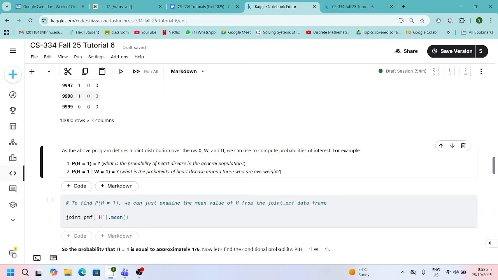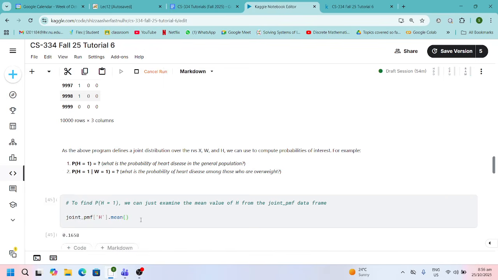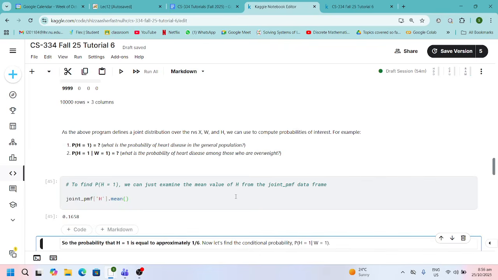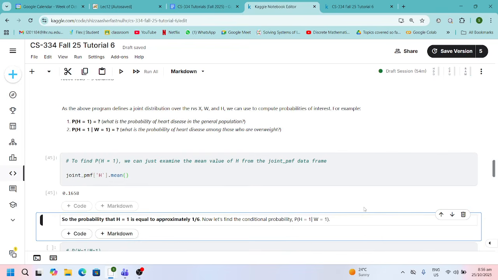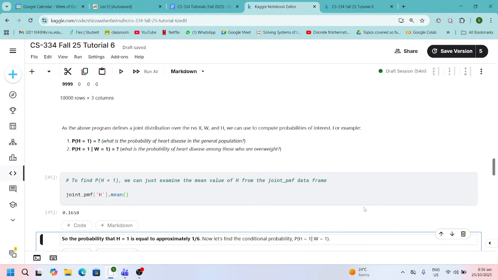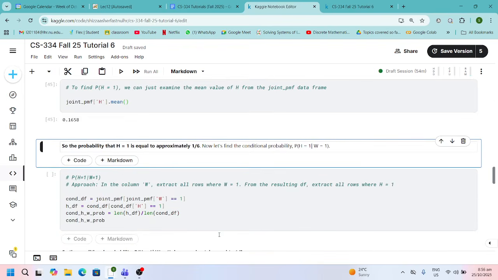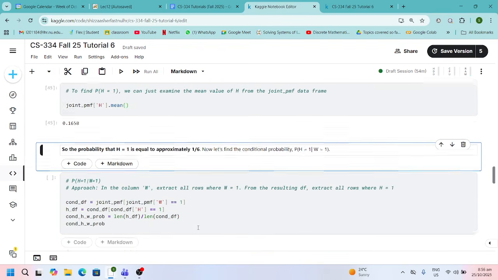This is fairly simple, because in my data frame, I will just select heart disease and find the mean value. So 0.1658, 16.58% chance that people have heart disease in the random population, which is approximately equal to 1 by 6.